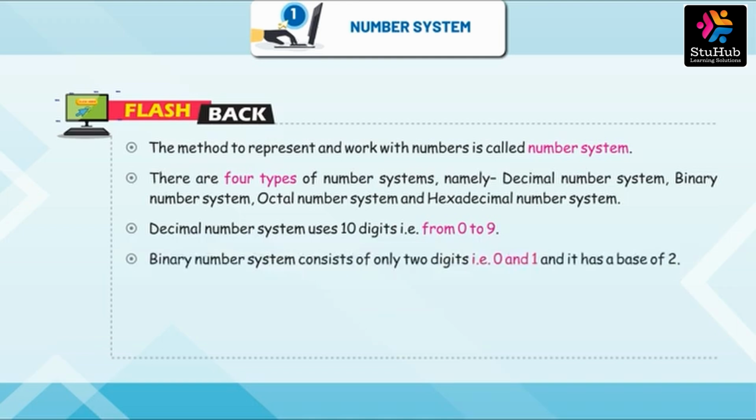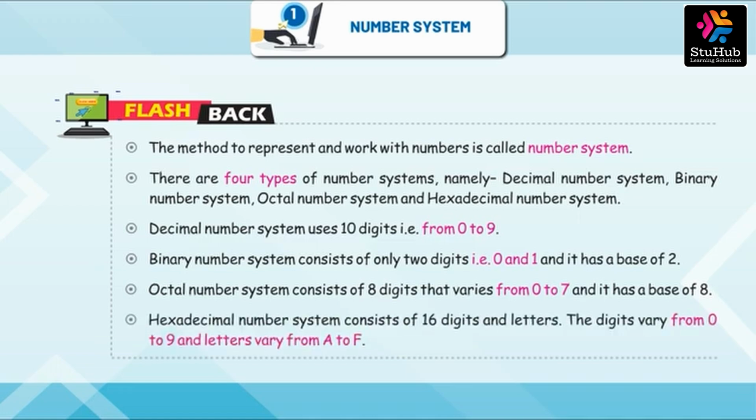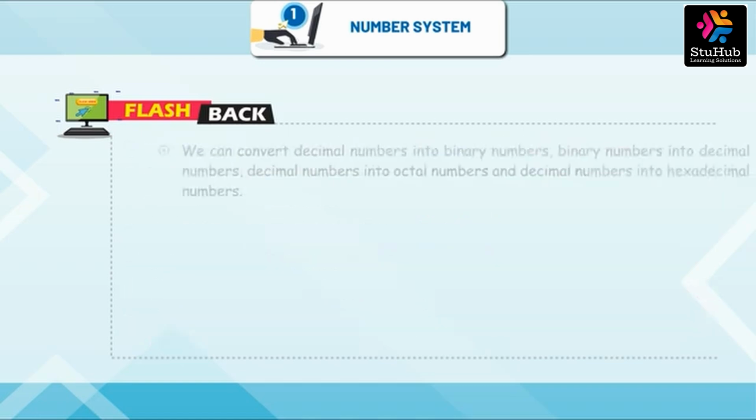Binary number system consists of only 2 digits, 0 and 1, and it has a base of 2. Octal number system consists of 8 digits that vary from 0 to 7 and it has a base of 8. Hexadecimal number system consists of 16 digits and letters. The digits vary from 0 to 9 and letters vary from A to F.